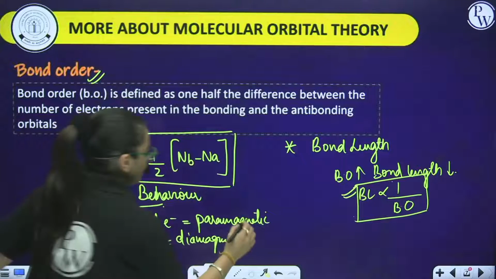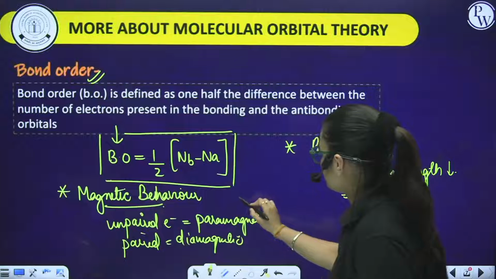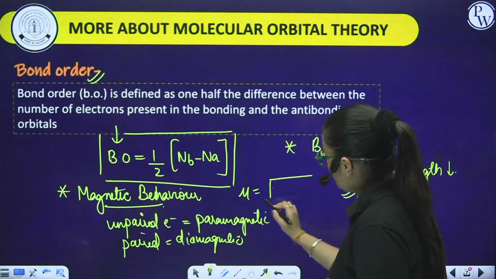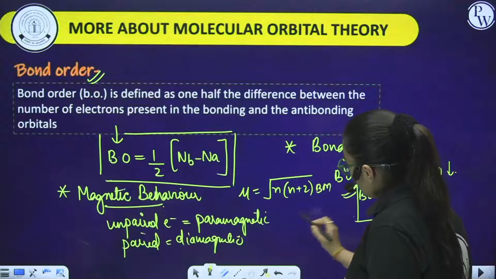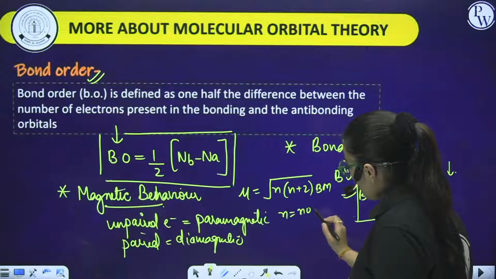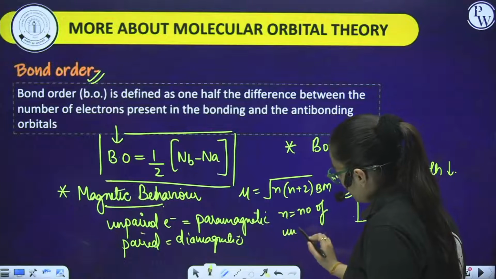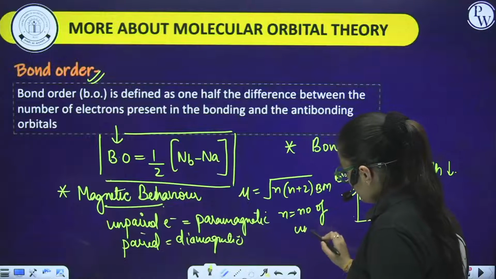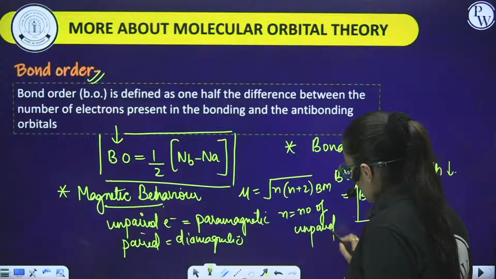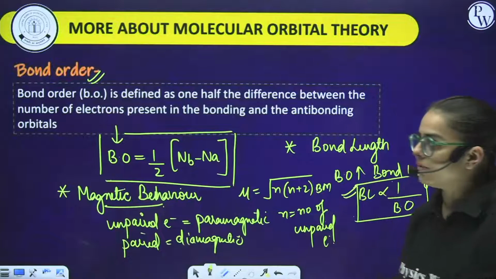And how to calculate the magnetic moment? It is basically mu equals root of n into n plus 2 Bohr magneton, where n represents the number of unpaired electrons. Clear everybody?